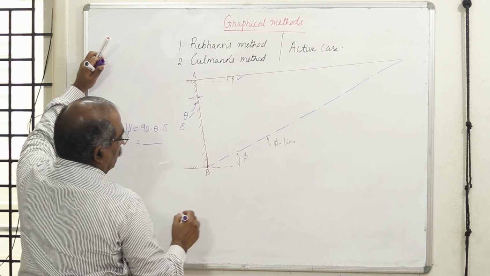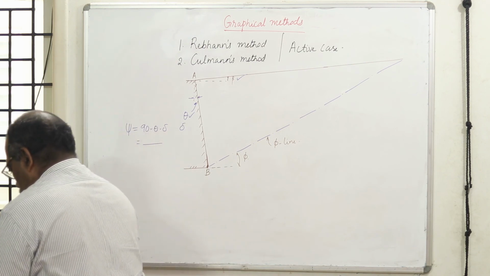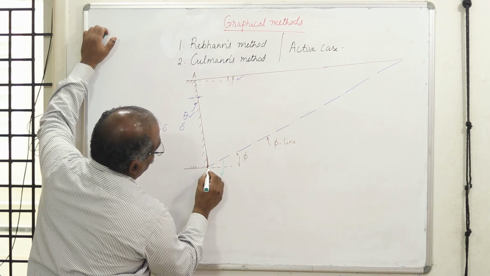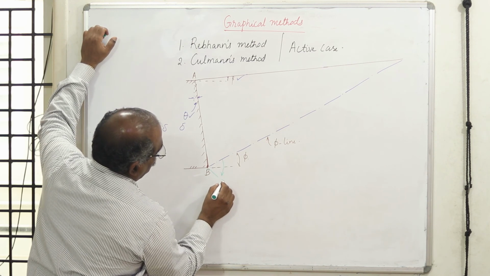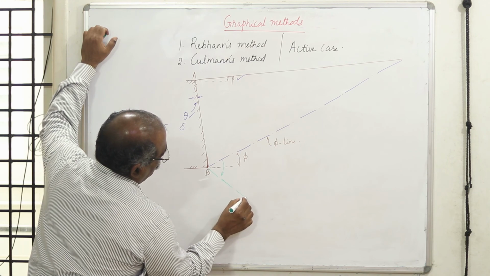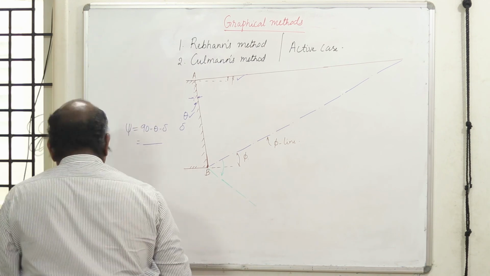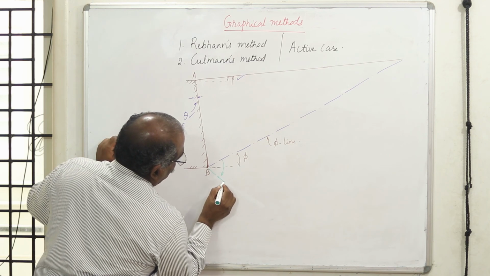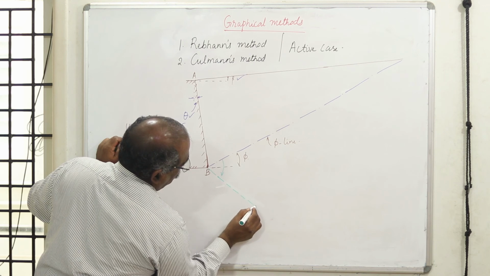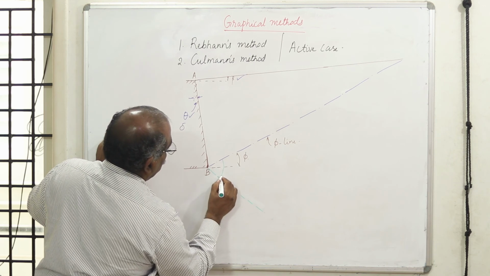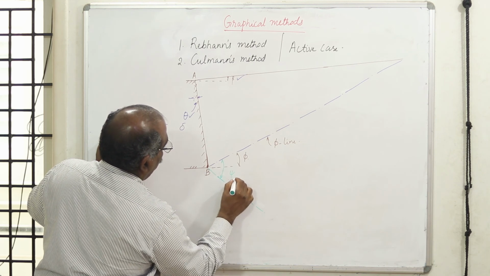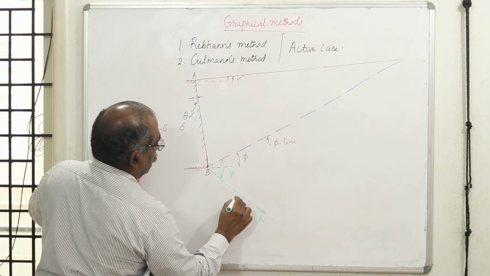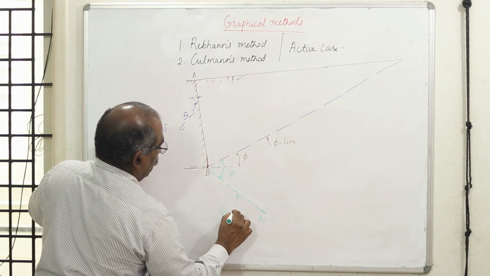Find out that value. Then you draw a line called the psi line. This inclination is psi. I'll use different notation, let me call it BN. This is the psi line.